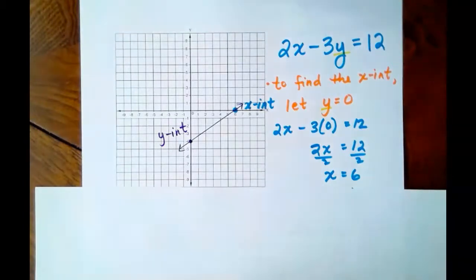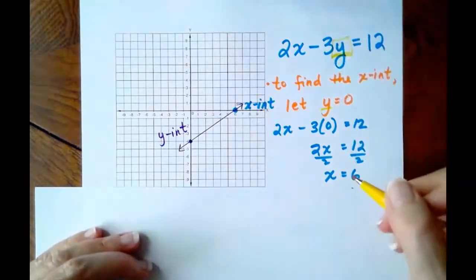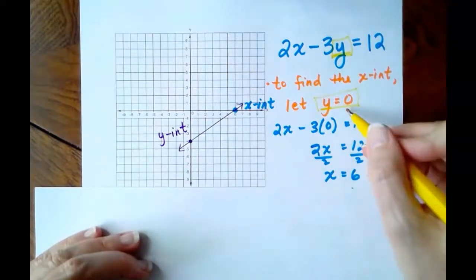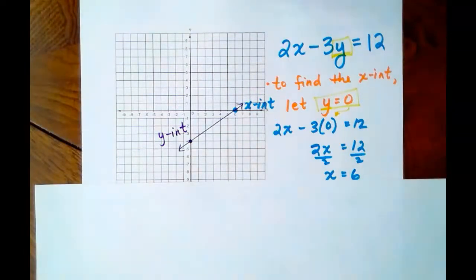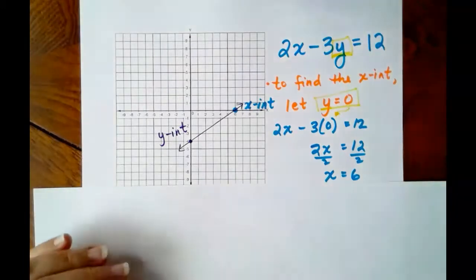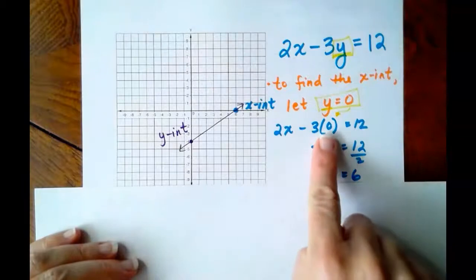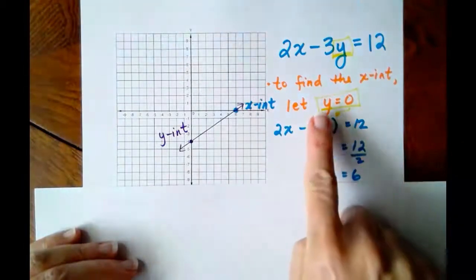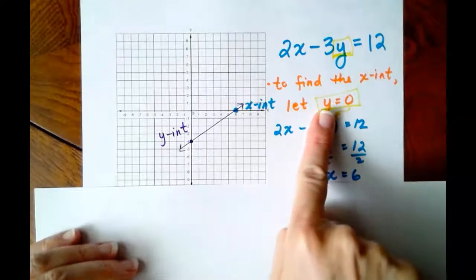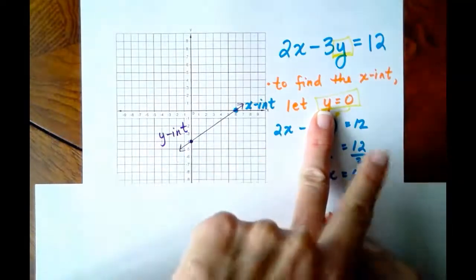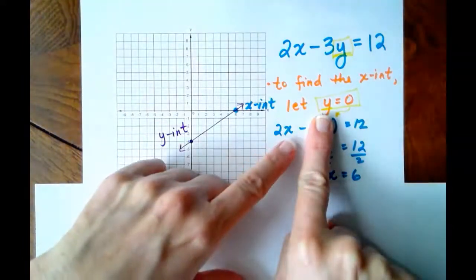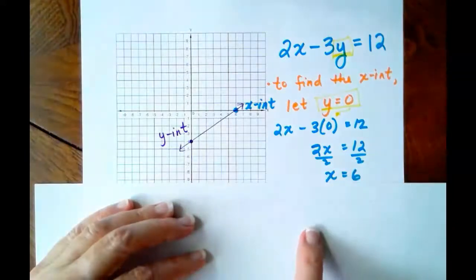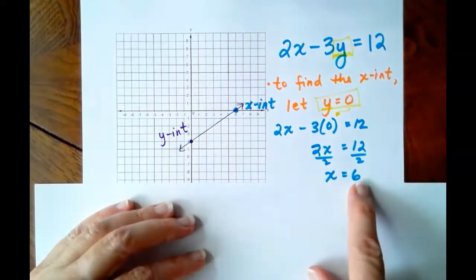Anytime we plug in a 0, it eliminates that term. That's why I call it the cover-up method: letting y equal 0 takes out that entire term, and all it leaves is 2x equals 12. Divide both sides by 2, x equals 6.